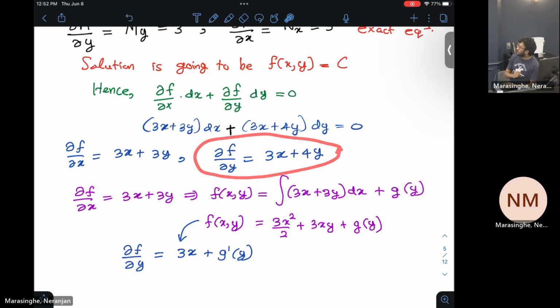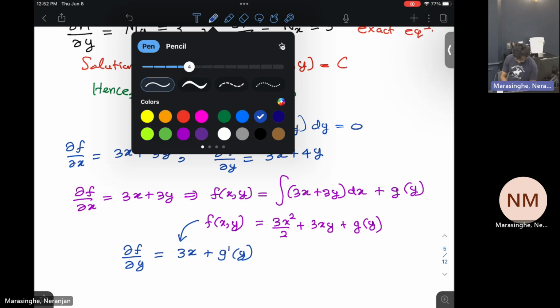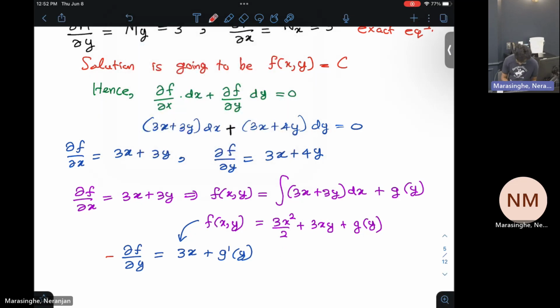Right. So on the other hand, ∂f/∂y is equal to 3x plus 4y. Okay. So these two are going to be equal. So 3x plus 4y is equal to 3x plus g'(y). 3x would be cancelled.